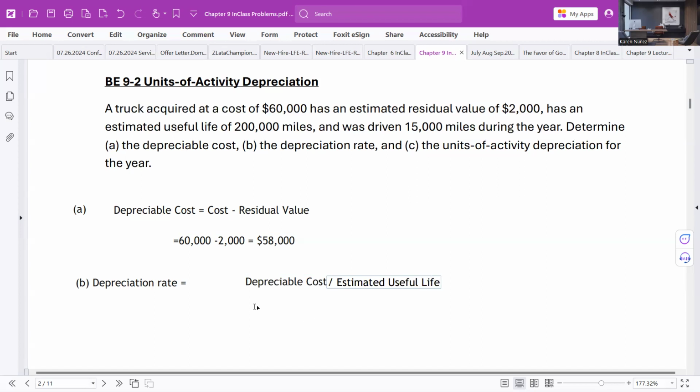The depreciable cost is $58,000, and they anticipate a useful life of 200,000 miles. So the depreciation rate is 29 cents a mile.